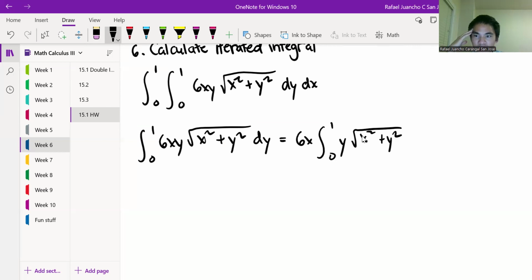Let's pretend this is some number, like 5 or something. What would be a way to do this? Oh God. How do I integrate a square root? Let me think. How do I integrate what's inside a square root?